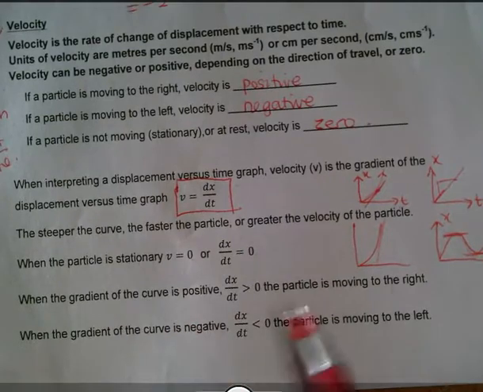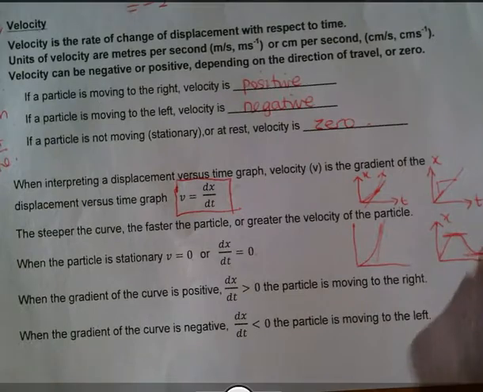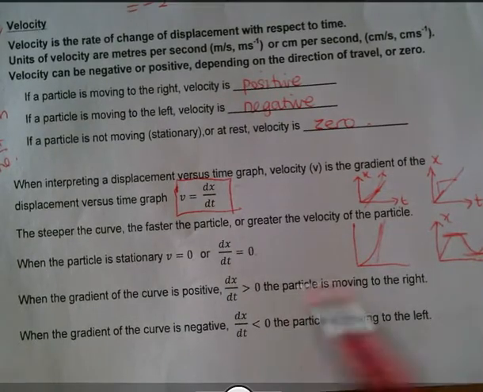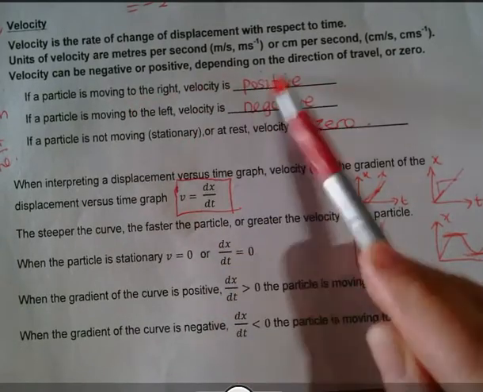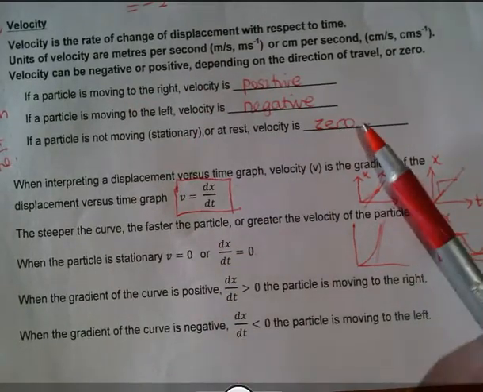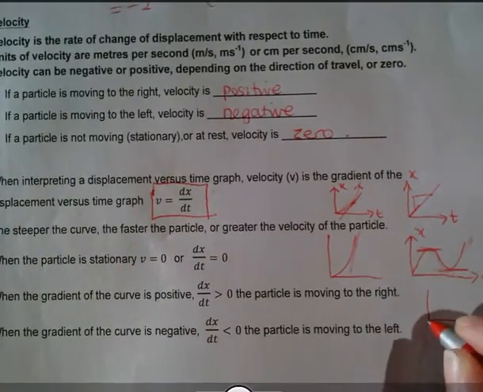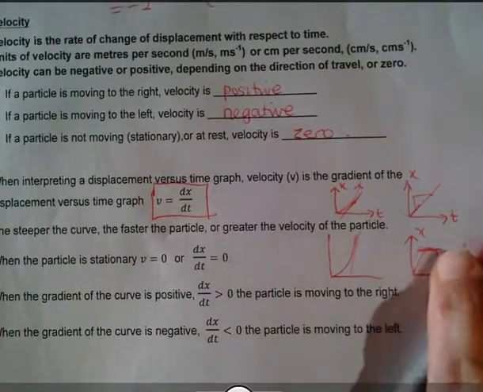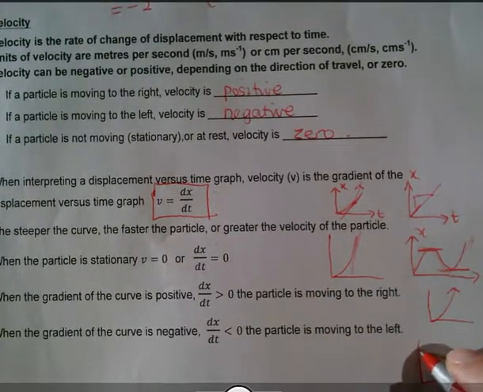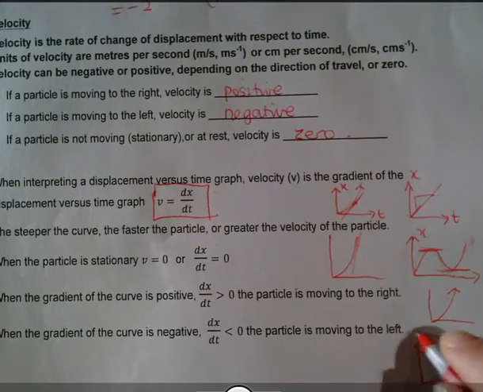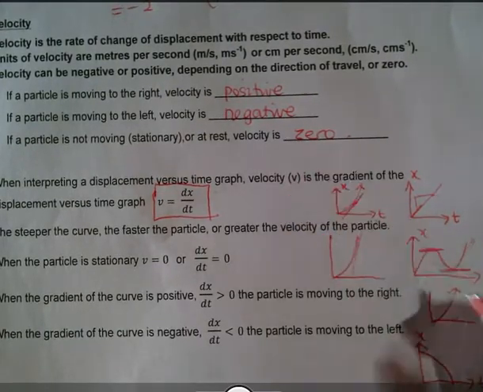And when the gradient of the curve is positive, like this, because velocity is the gradient of the curve, the particle is moving to the right, because as we said, if velocity is positive, the particle moves to the right. And if the gradient of your curve is negative, I might have a curve like this, x versus t, the gradient's negative, the particle is moving to the left.